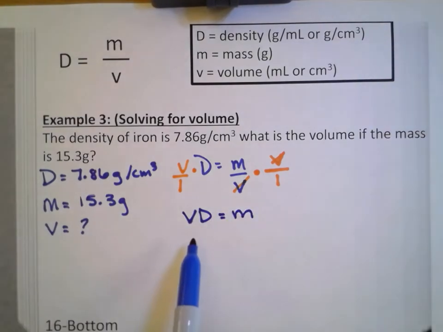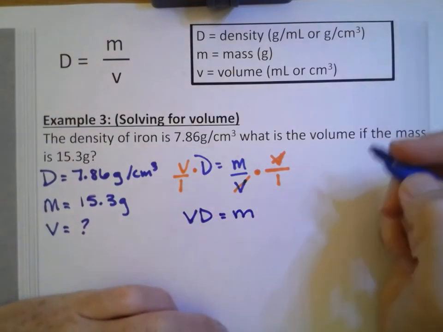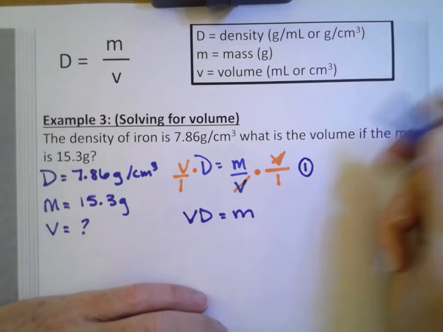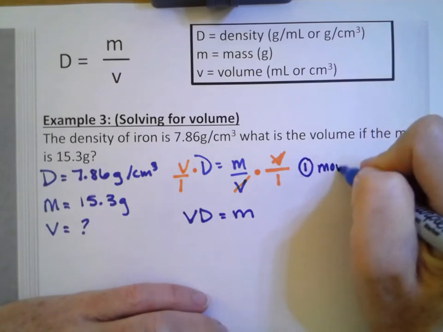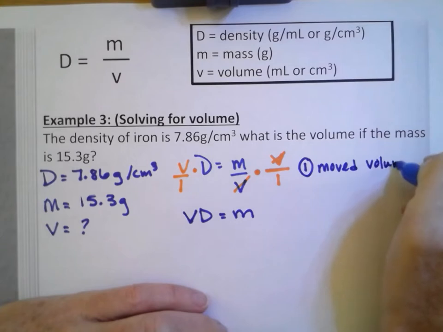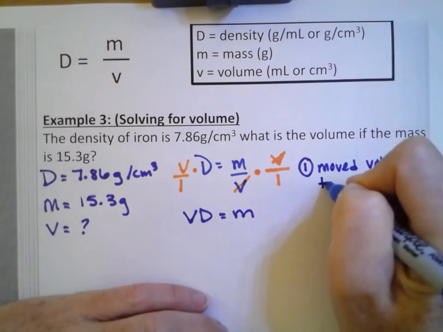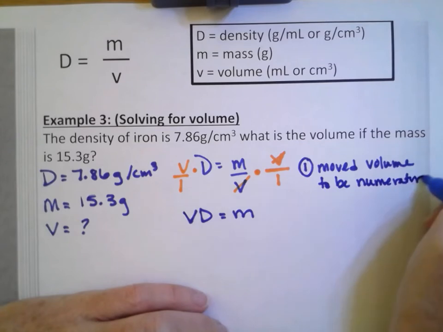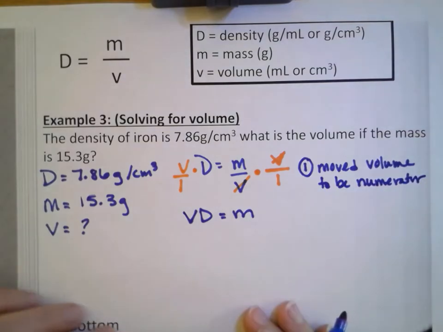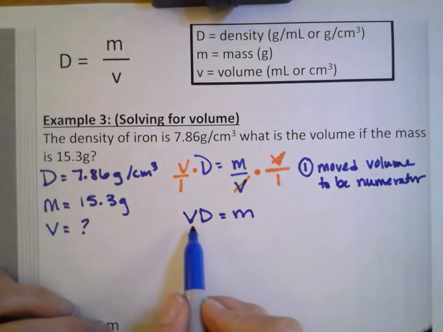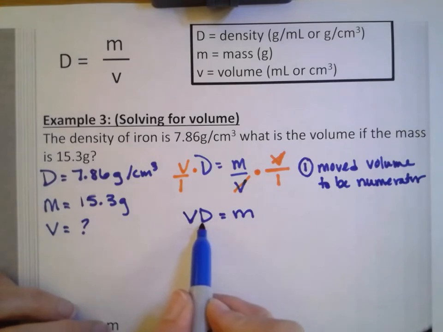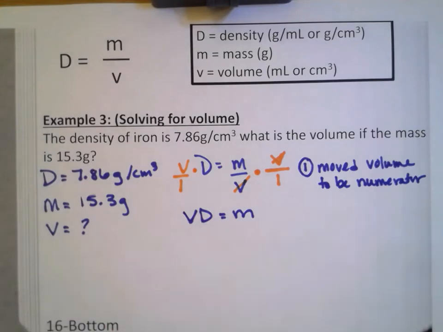So if I take a look at my new formula, what I have done here is the first step, which was I moved volume to be the numerator. I still can't solve for volume the way this is set up because volume is with density, and in order to solve for a variable it needs to be alone.